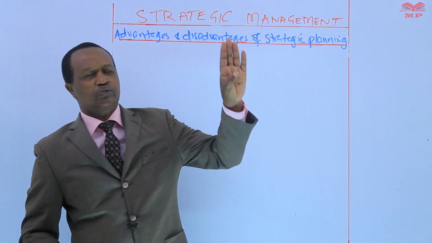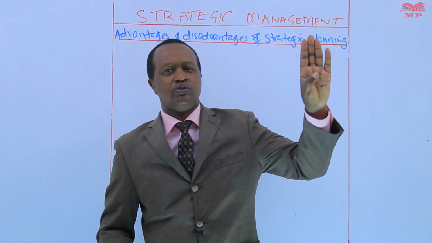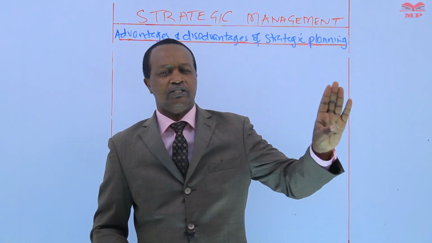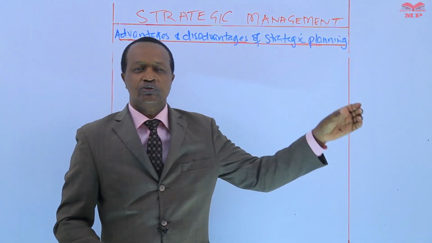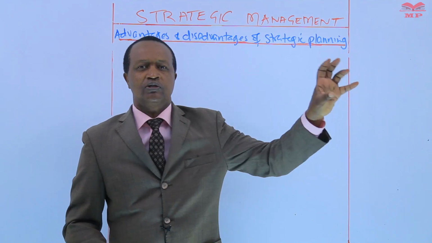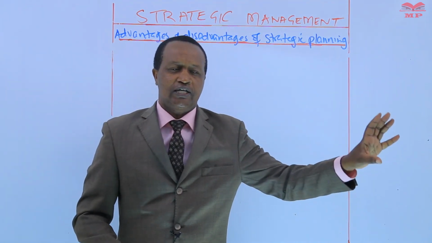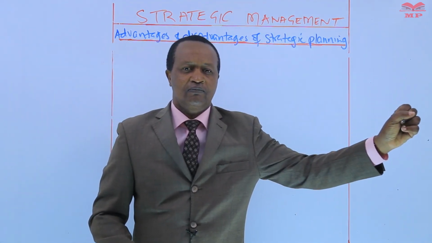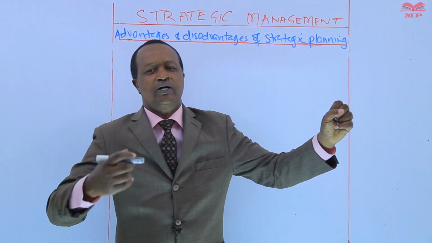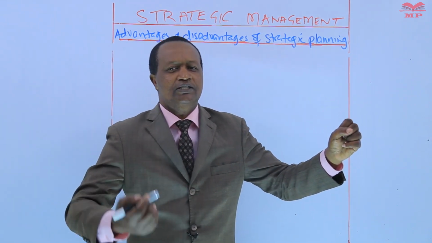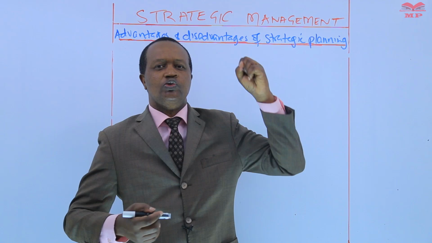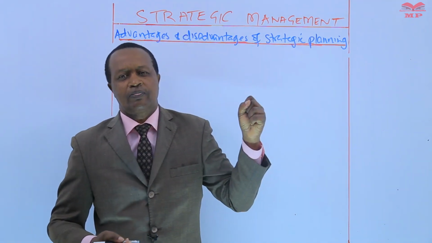An organization first identifies the long-term goals or objectives, or the vision or the mission. Then the organization determines the best course of action to achieve the long-term goals.